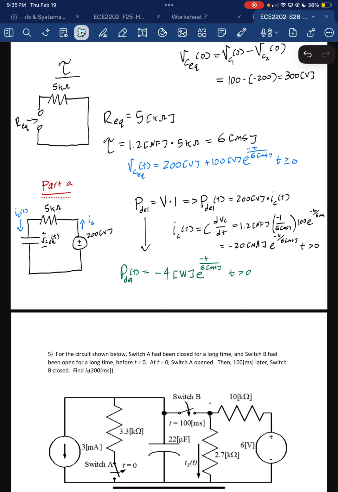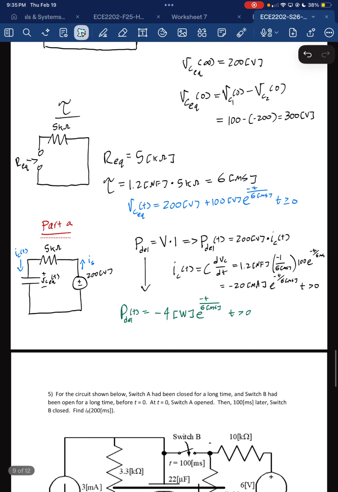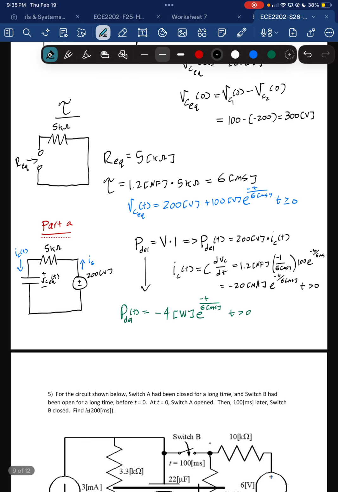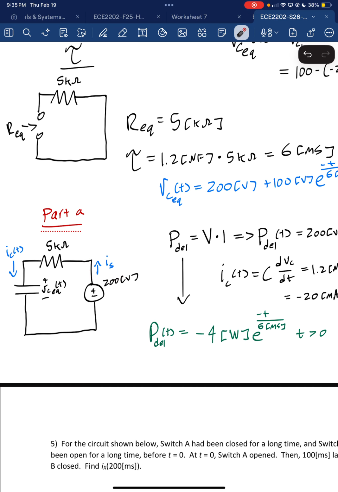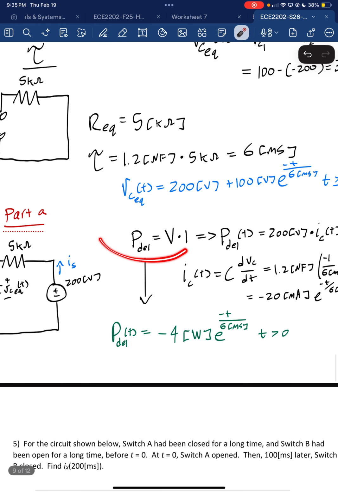Real quick, how do you define your current again for IS and IC? Since it's asking for power delivered, we're just going to go ahead and define this current IS to be leaving the positive terminal of the battery. So we can simply say that power delivered is equal to positive Vs times Is.